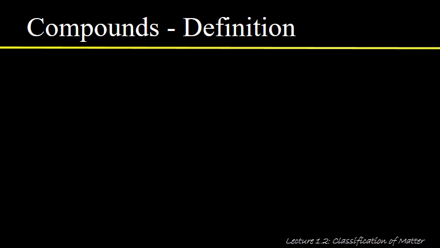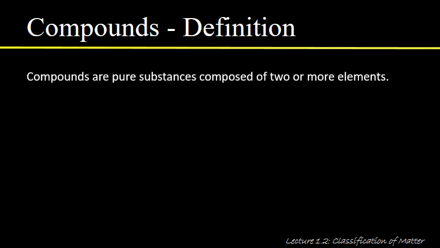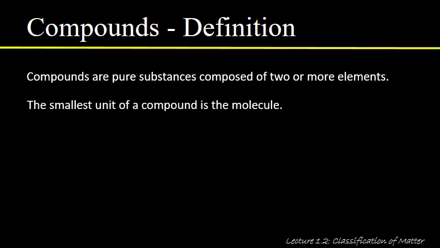So compound is a substance composed of two or more elements. Right? And unlike elements, the smallest unit of compound is a molecule, right? And remember, as we just said a few minutes ago, a molecule is two or more atoms connected together.